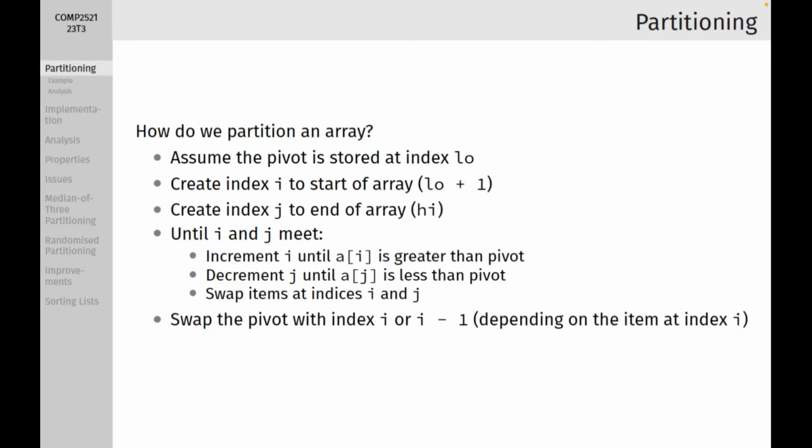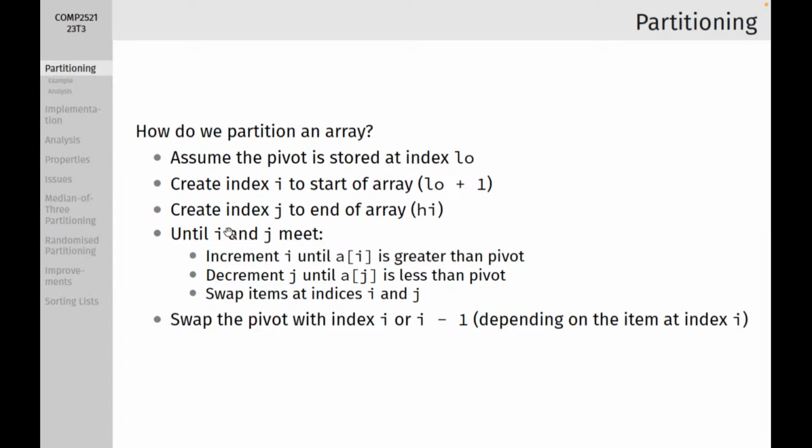In quicksort, the majority of the work is therefore done in the partitioning. Similar to merge sort, where most of the work is done by merge, here most of the work is done by partition. So how do we partition an array? First of all, we assume the pivot is stored at index low. We're sorting between index low and high, so assume the pivot is stored at the leftmost index, which is low.